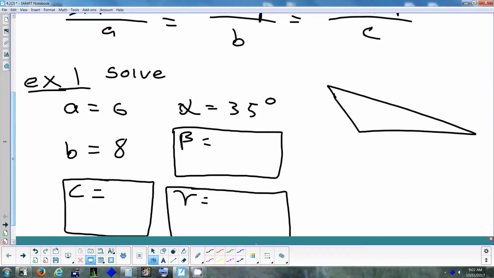The sketch here is not to scale. So there's A, alpha. I'm going to put B across from beta, C across from gamma. Now if I look at the three pieces of information that I have, it's side, side, angle.